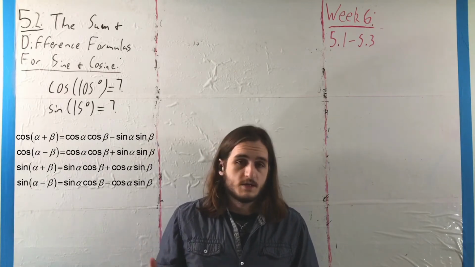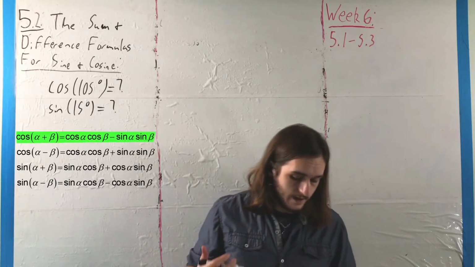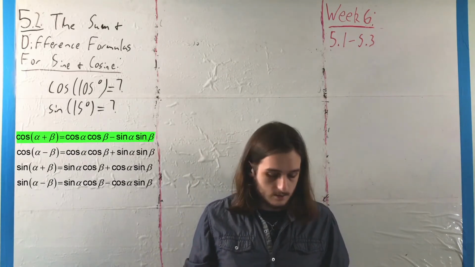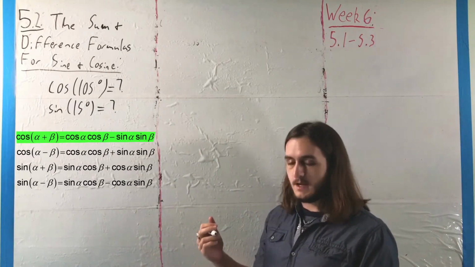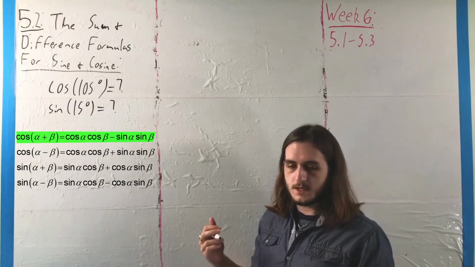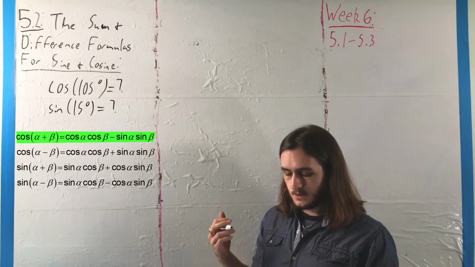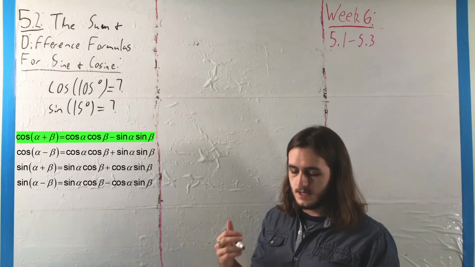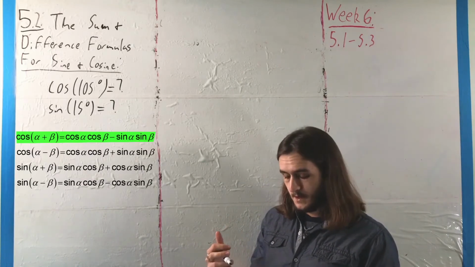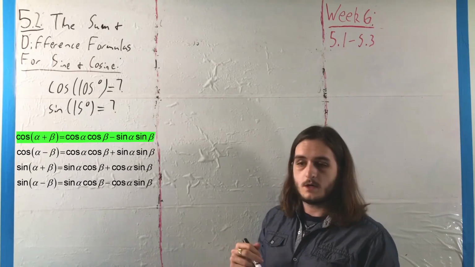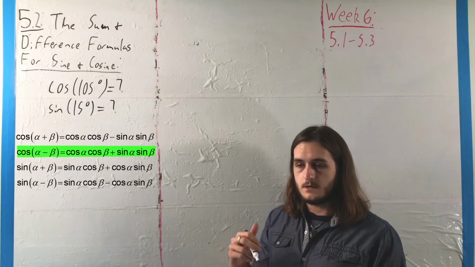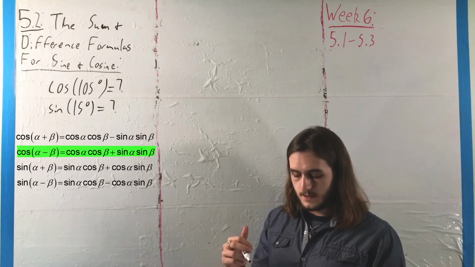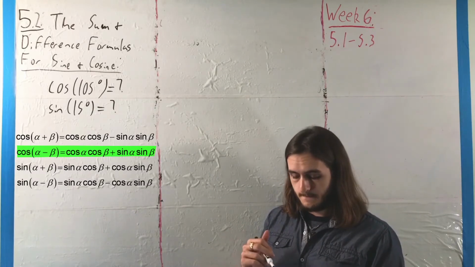So, if we have some expression of form cosine of alpha plus beta, where alpha and beta are angles, we can express it as cosine of alpha times cosine of beta minus sine of alpha times sine of beta. Meanwhile, cosine of alpha minus beta is cosine alpha cosine beta plus sine alpha sine beta.